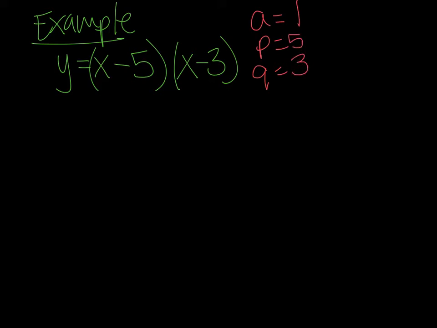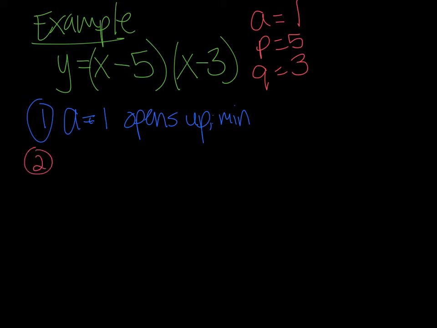So let's go ahead and start with step 1. Does my parabola open up or down? Well, based off the fact that a is equal to 1, we know it's greater than 0, so it opens up, and it has a minimum point. Number 2 says to find the y-intercept.